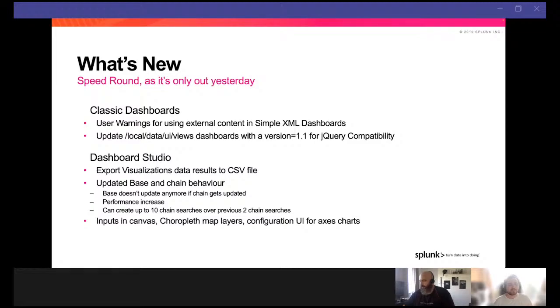I didn't realize that if you change the chain search in your dashboard, it would rerun the base search again. So apparently it now doesn't do that. There's a bunch of performance increases, and you can do a lot more chain searches. It's up to 10 rather than 2.